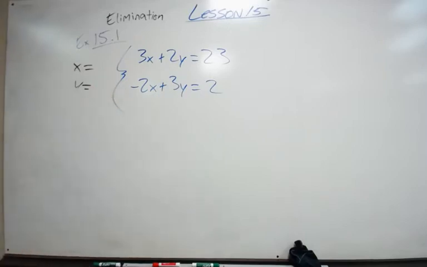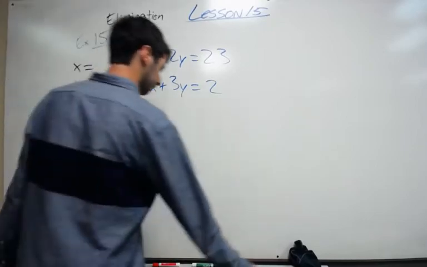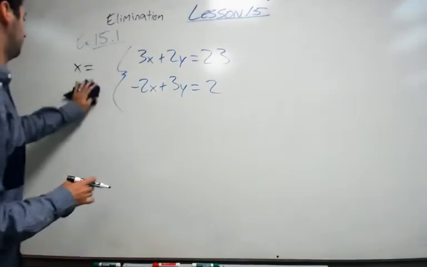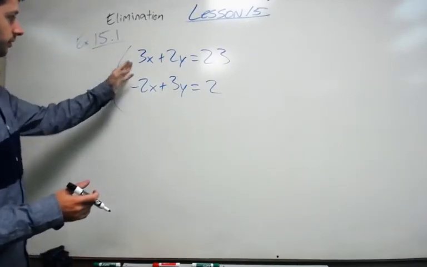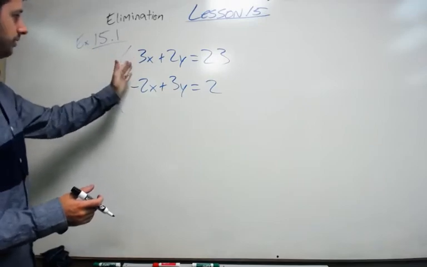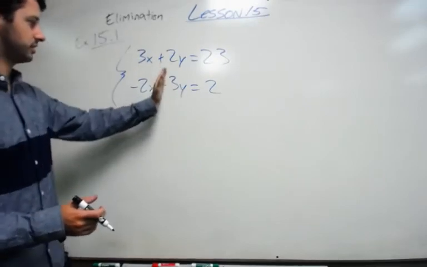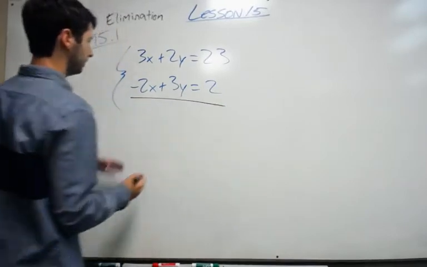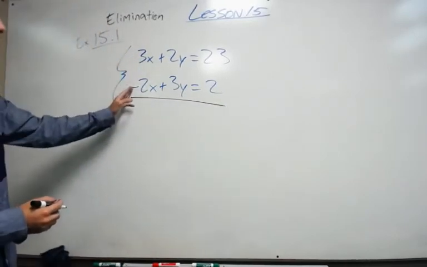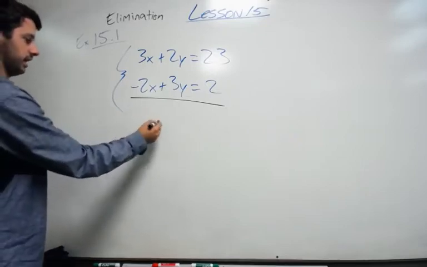So what this bracket means is that the x values in the top and bottom equation have the same value. So previously we did substitution with this. Now we're going to do elimination. What elimination is, we can imagine these being on top of each other and being like their own little problem. What that means is 3x minus 2x would equal x.